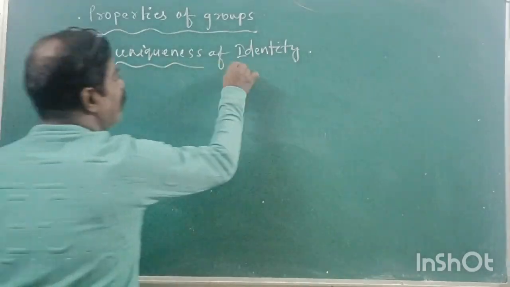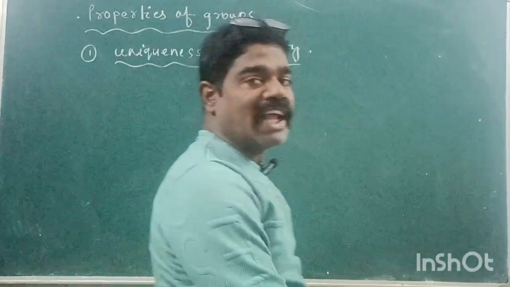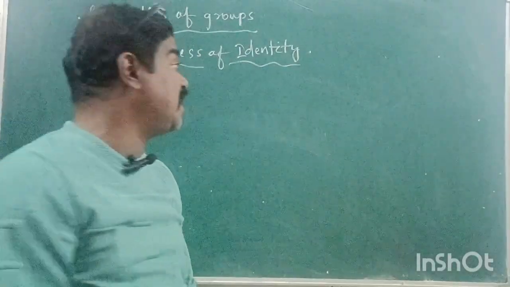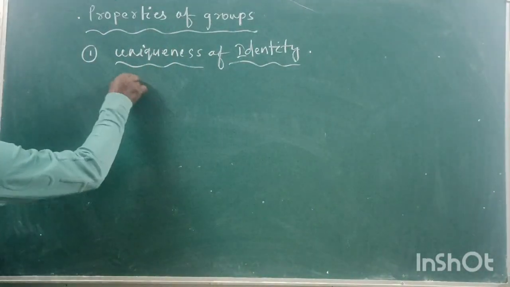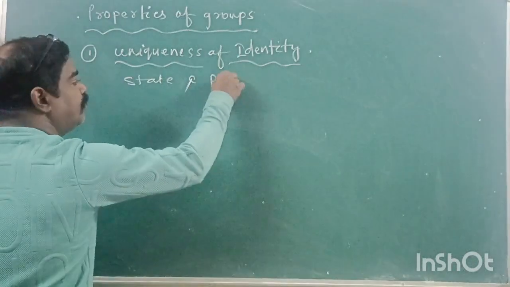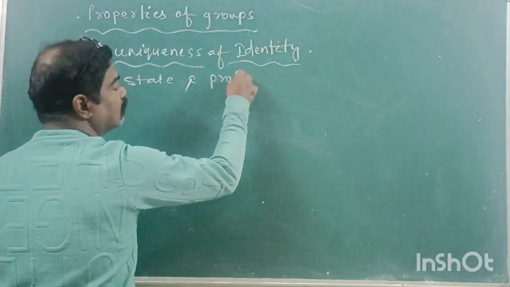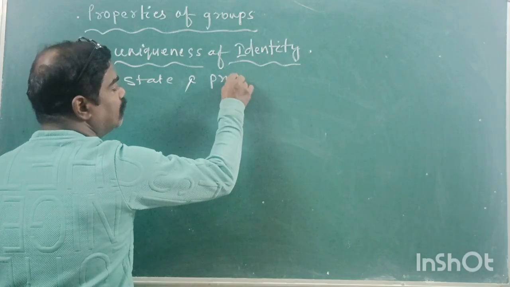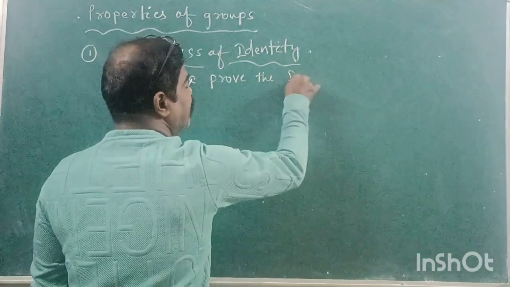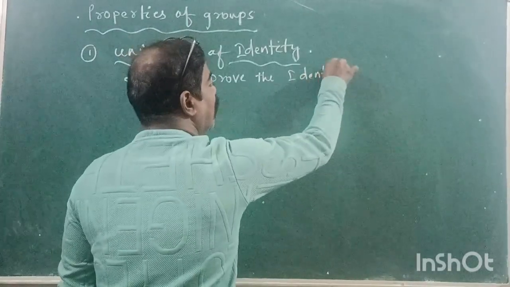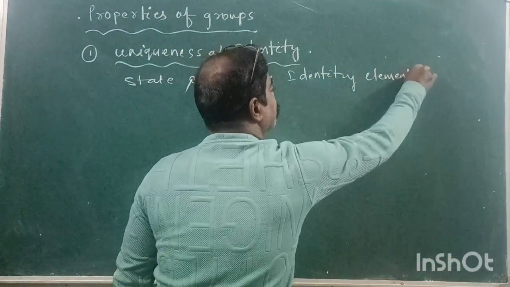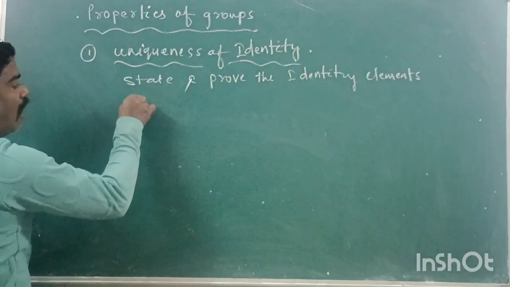Have you understood? This is one theorem. What will he ask, you know? State and prove: the identity elements are unique.